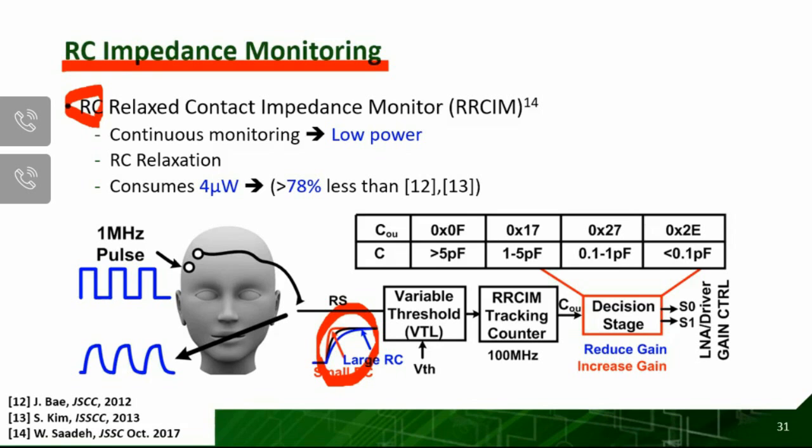Depending on that, you can just measure the rise time of this waveform and decide what the relative skin electrode impedance is. It's actually only measuring the resistance portion, but that's sufficient for roughly tracking the impedance situation. As a result, it only consumes around 4 microwatt while constantly operating, compared with the references that generate the pseudo sine wave. You can see that there will be a drastic power reduction.